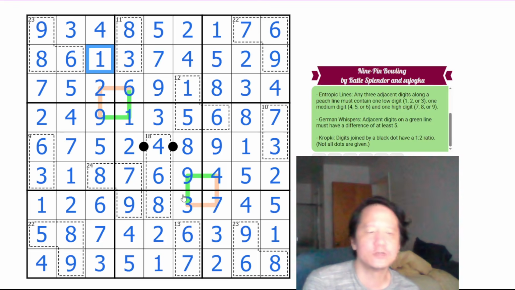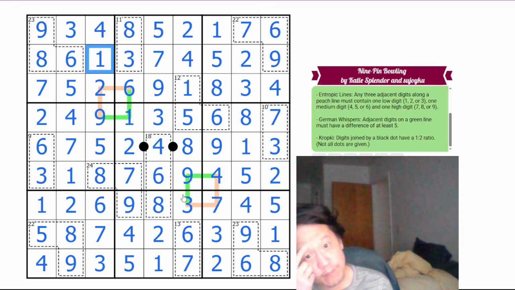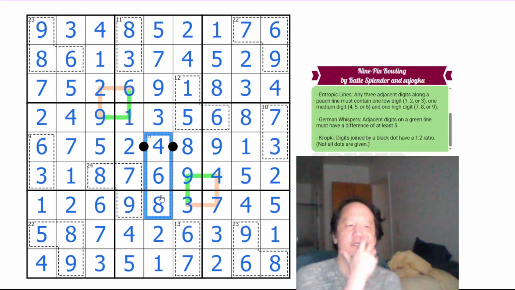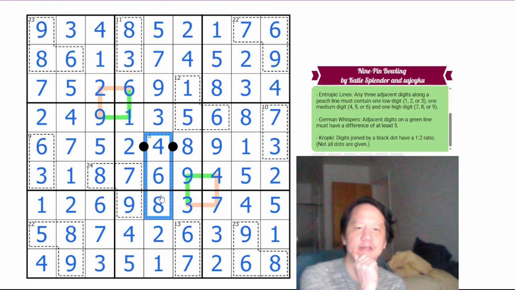And that's a solution. A little logic is necessary for this portion, but the killer cages are very restrictive. I don't know if I would consider this very easy. I mean, for me, it's very easy. But the killer cages are fine.